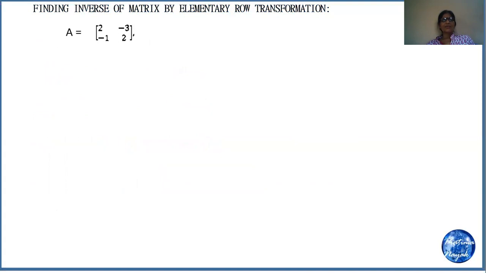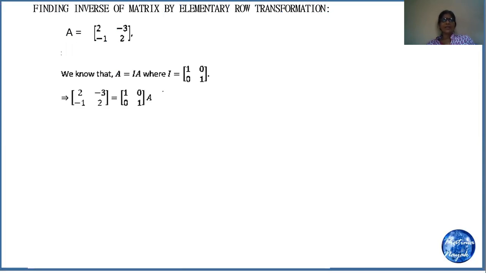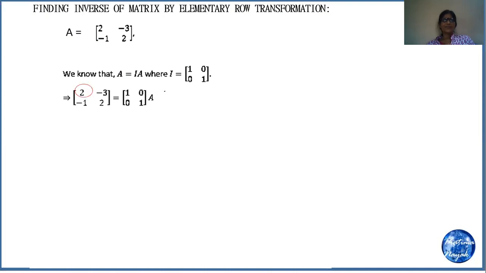So A is equal to, and here I'll go slightly fast, 2, minus 3, minus 1, 2. So we know that this is the expression I is equal to 1, 0, 0, 1. Then you write 2, minus 3, minus 1, 2 is equal to 1, 0, 0, 1 into A. Next I'll change 2.